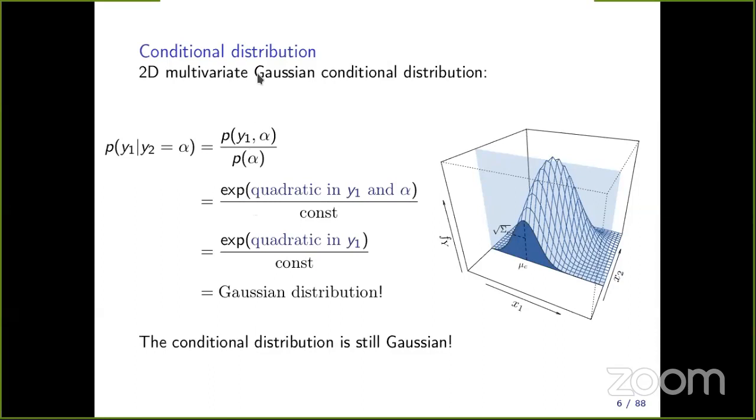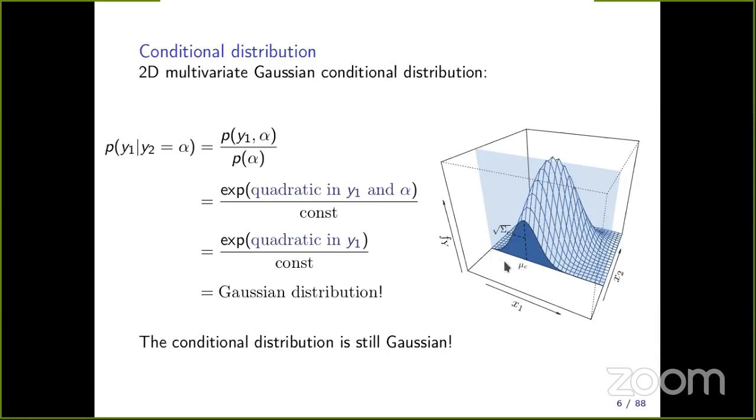In the Gaussian case, this joint distribution is going to be something quadratic in y1 and in alpha. The part that depends on alpha can basically be put into the constant in the denominator. So we end up with a PDF that is the exponent of something quadratic. So we recognize here again a Gaussian distribution, or a normal distribution.